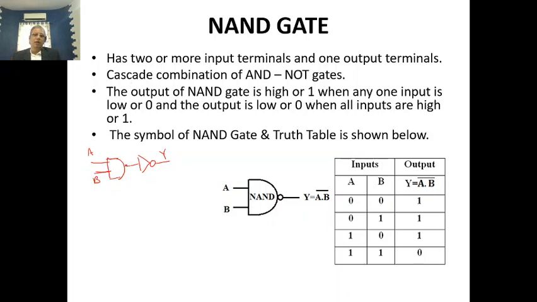Now this is the output for the AND gate, and this output is inverted. Means the truth table for this NAND gate becomes, for the AND gate, if we write here A, B, Y dash, this is the output of the AND gate, and then Y, the output of the NAND gate.